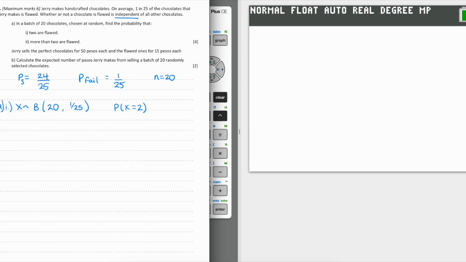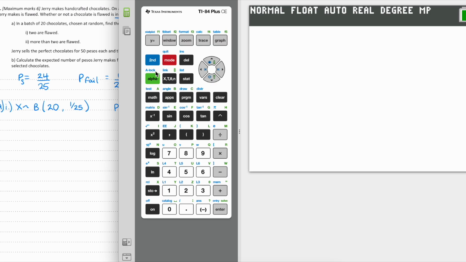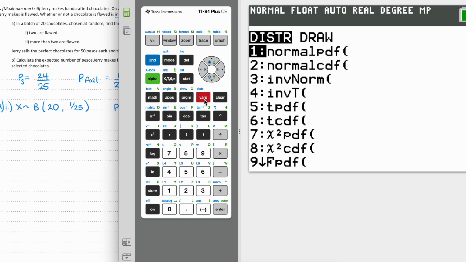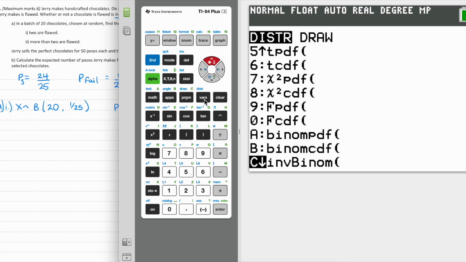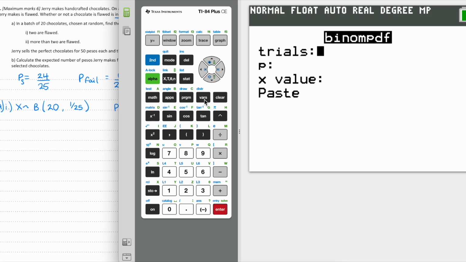So we're going to go to our calculator and we're looking at the distributions, and we want the binomial, and it's the PDF because we want an exact value. So it's 20 trials. This is 1 over 24. Oops, 1 over 24. The x value is 2.